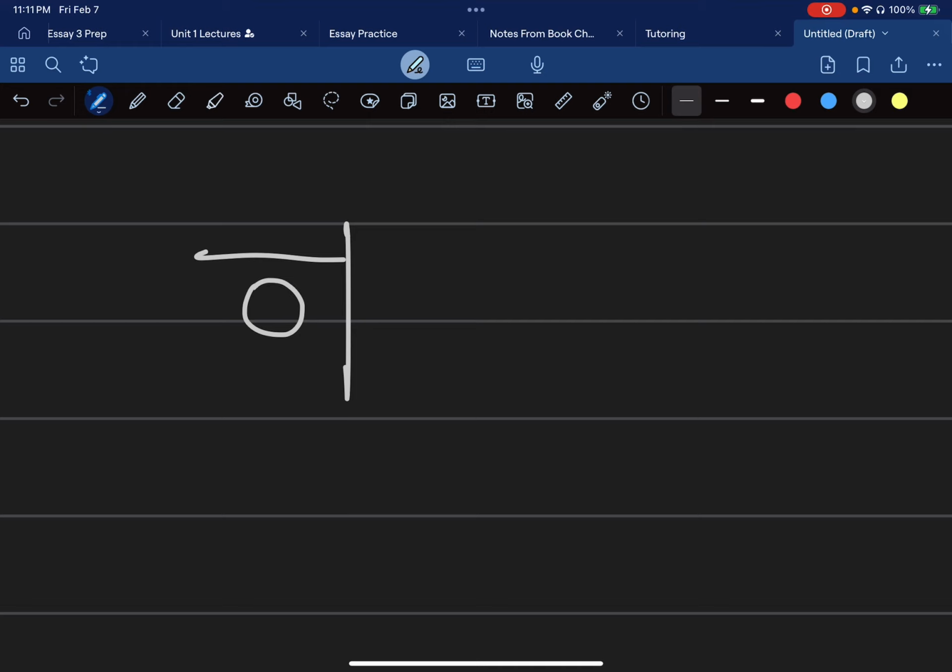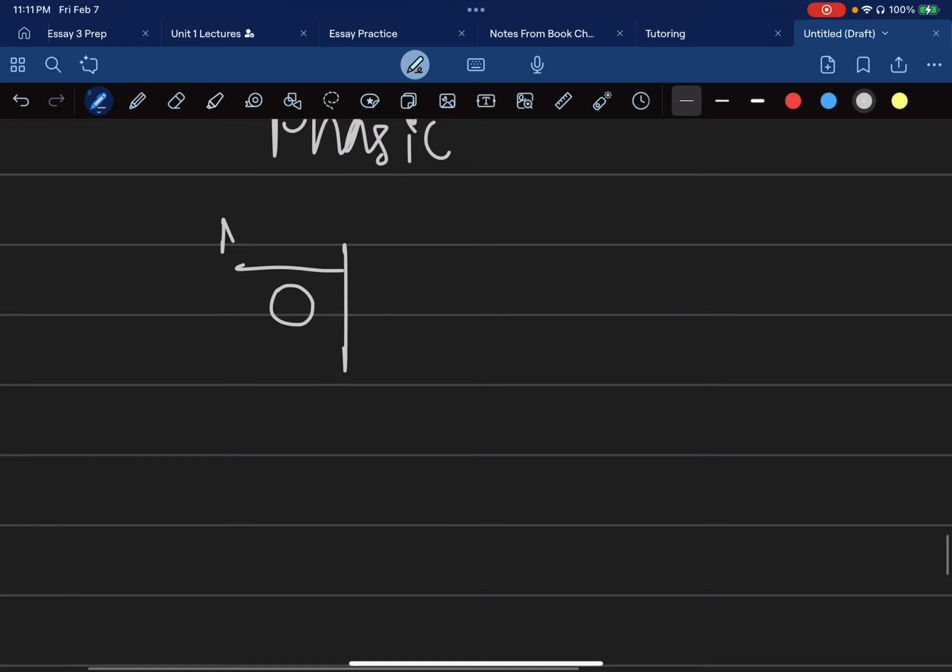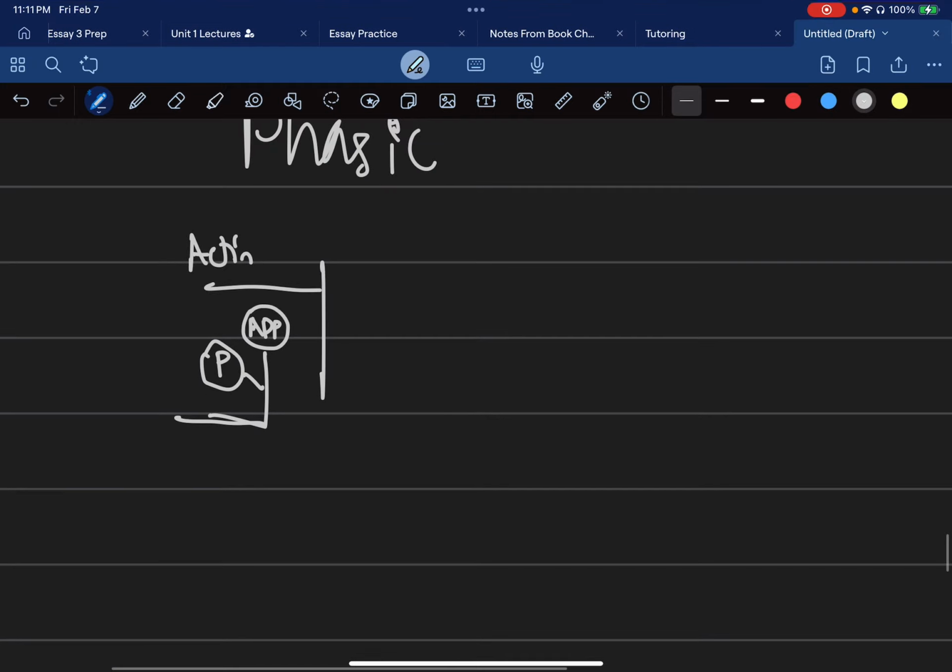You're going to start out with our actin and our myosin, and we'll still have our ADP and our phosphate. The only difference here is that the actin is not going to have any tropomyosin on it, not going to have any troponin on it.